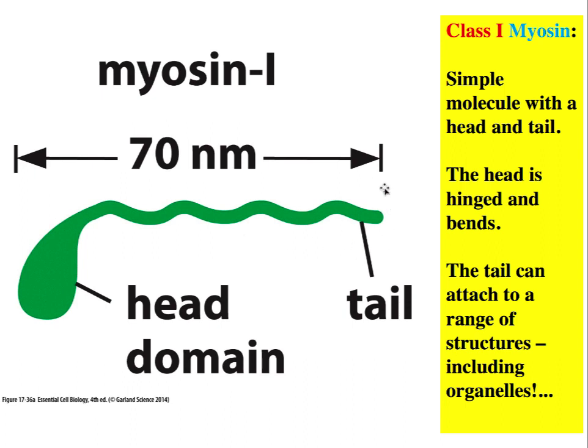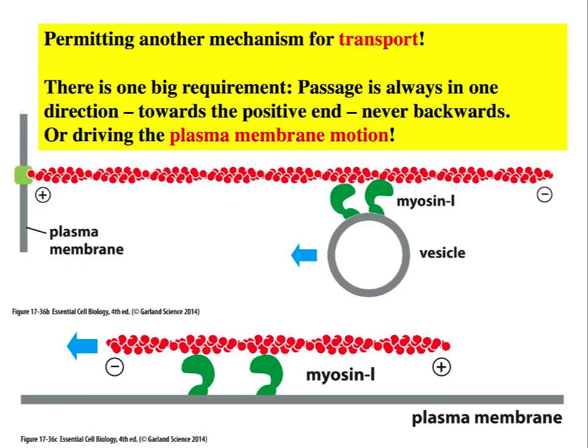Now, the tail region here can attach to various structures inside the cell, including other proteins, and also to organelles. When it comes to organelles, organelles can be moved not just by motor proteins on microfilaments, microtubules, but also by the motions of myosin type 1 along actin filaments.